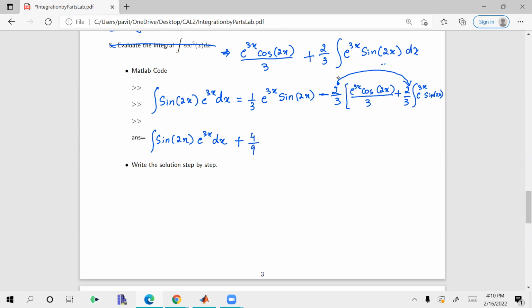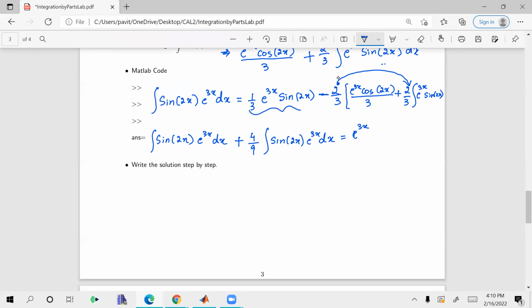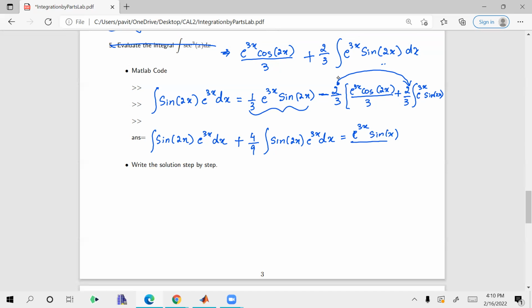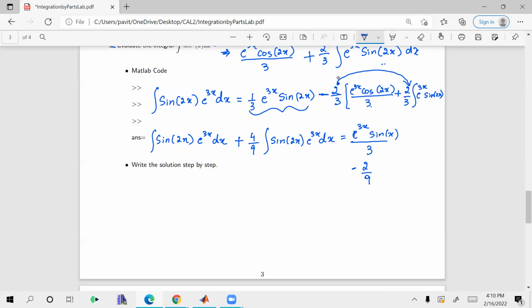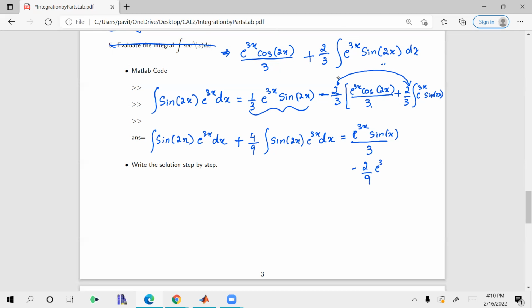So 4 by 9 integral of sine of 2x e to the power of 3x dx equals this term: sine of 2x by 3 minus 2 by 9, because 3 times 3 is 9, e to the power of 3x cos of 2x.